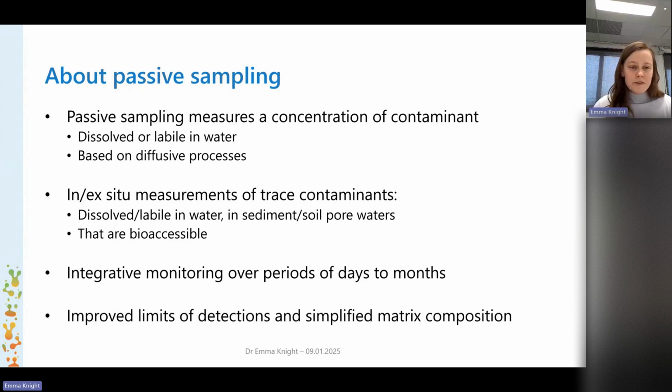This can be in situ on site or ex situ in the lab, and it's the bioaccessible part or fraction of the medium that we're looking at. Usually you would deploy your samplers over a period of days to weeks to months, and we can get improved limits of detection and simplified sample matrix using passive sampling compared to traditional grab or water sampling.